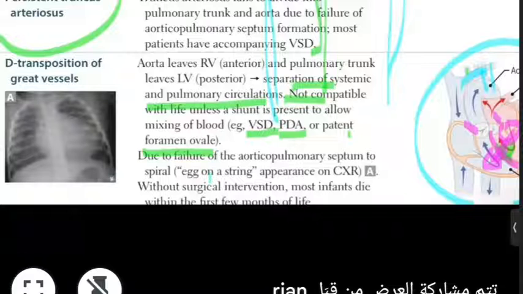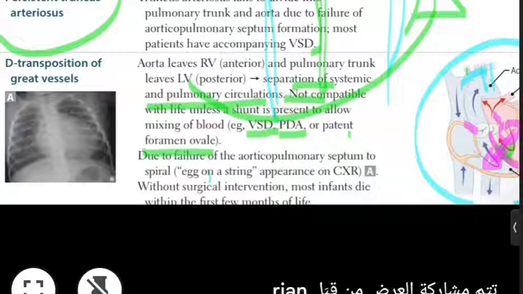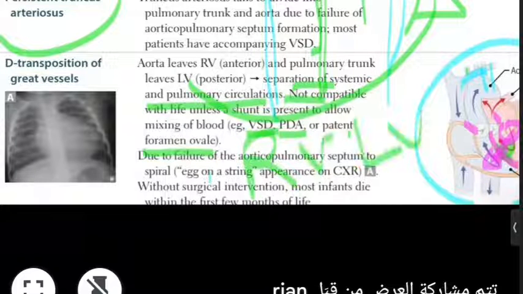Now this septum, if this septum doesn't spiral, doesn't rotate, and it's still as it is. Here you have the aorta, here you have the pulmonary, okay? Here you have the right ventricle, here you have the left ventricle.